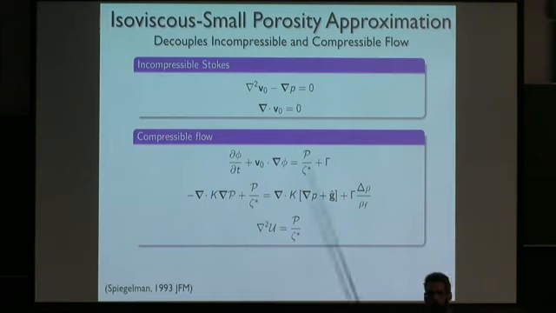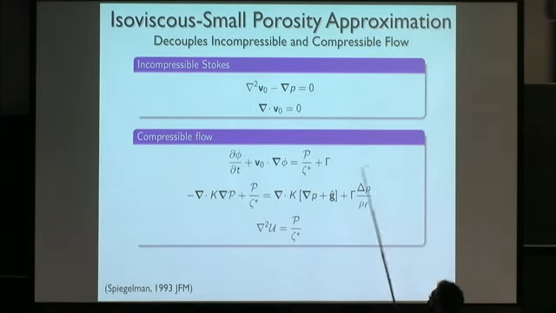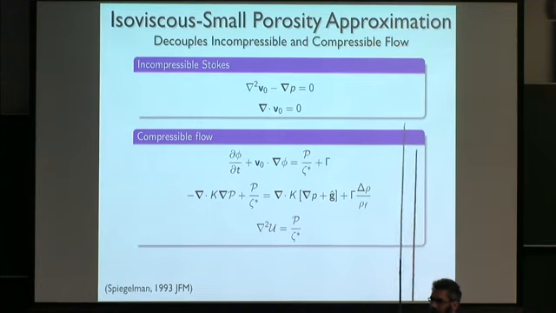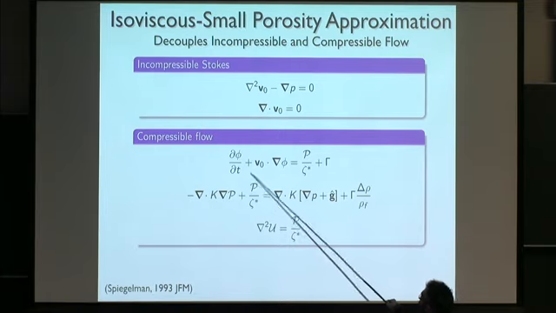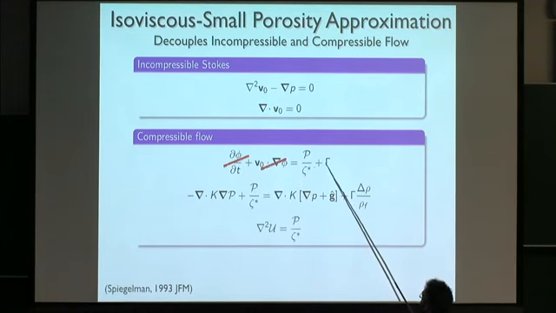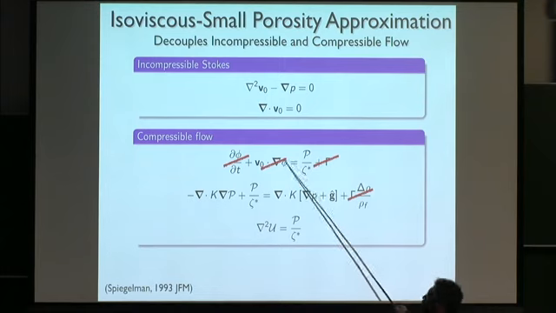But I can do one extra thing, which is a nice little approximation at this point: I can also assume, just for laughs, that the porosity is constant and that the melting rate is 0. There's no melting, and I'm just going to assume a constant porosity. In which case, if the porosity is constant, its gradient is 0, and there's no melting, then P is 0.